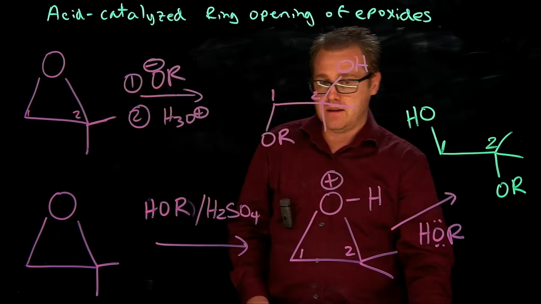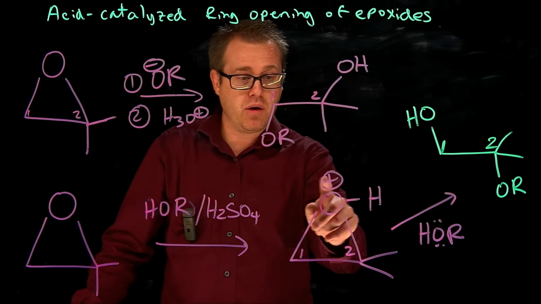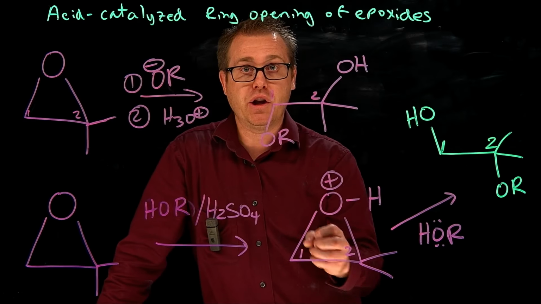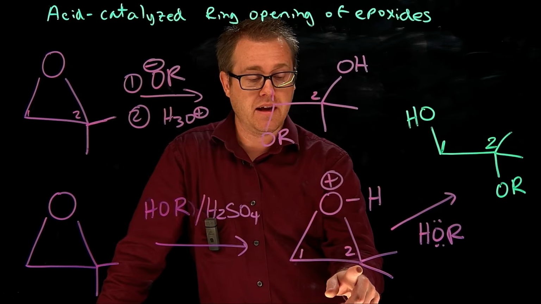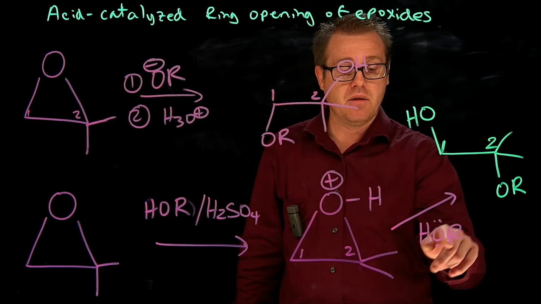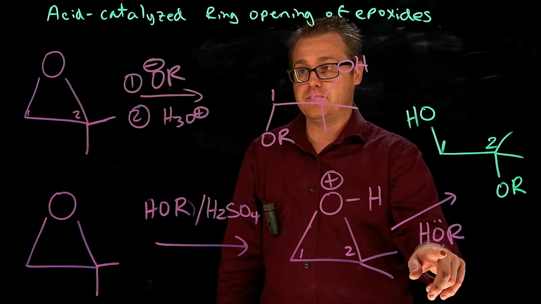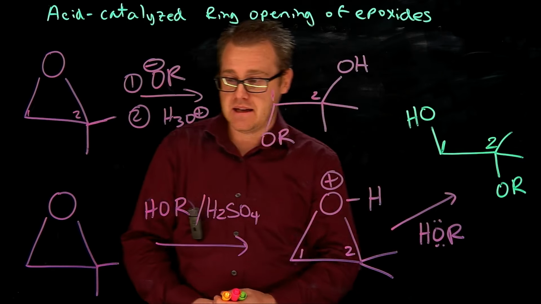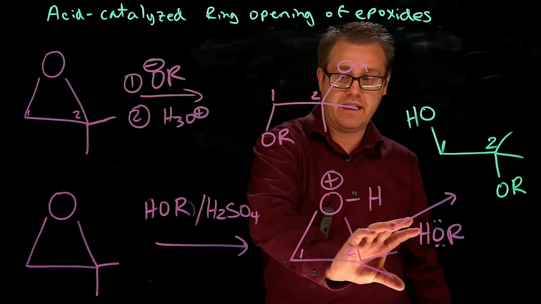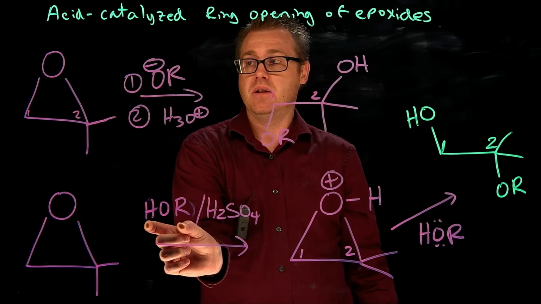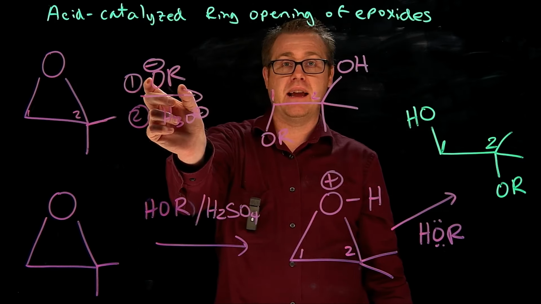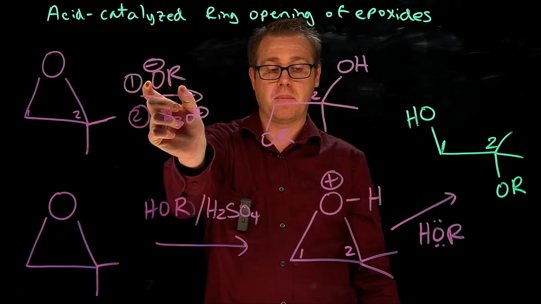and that is called electronic effects. Okay. So when we have a protonated epoxide, we're going to invoke electronic effects to determine which carbon is going to get attacked by the nucleophile. And notice that in this bottom reaction right here, we are using a weak nucleophile, whereas in the reaction up top, we're using a strong nucleophile.